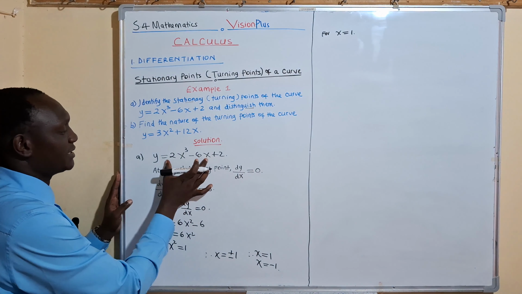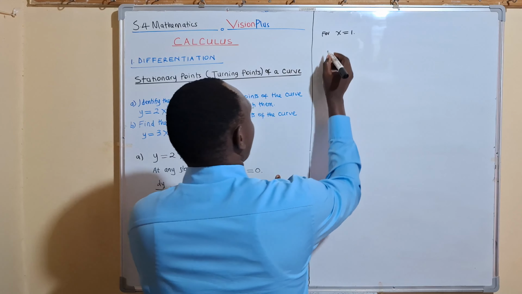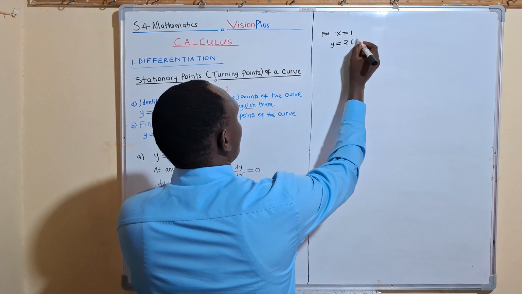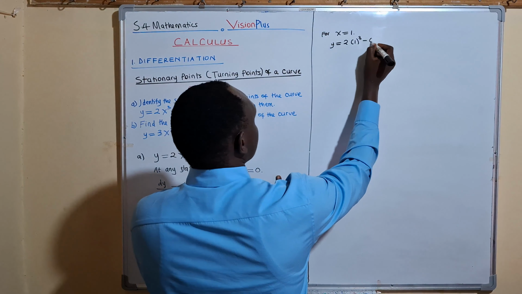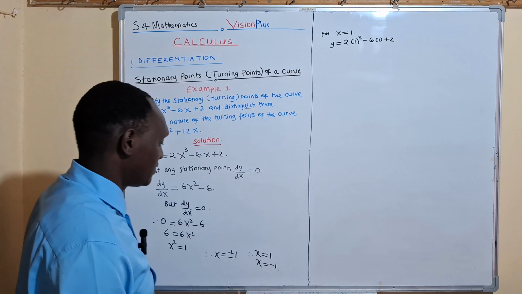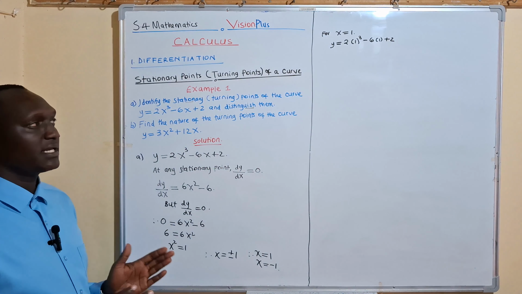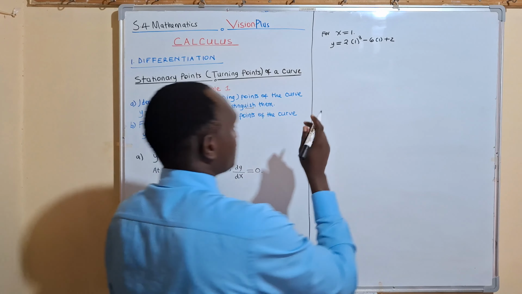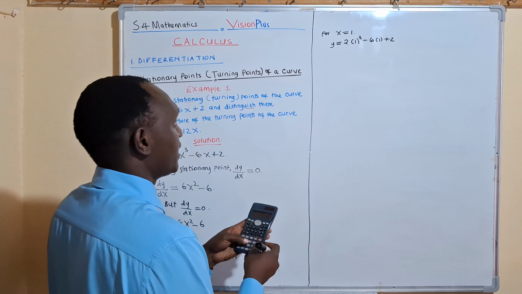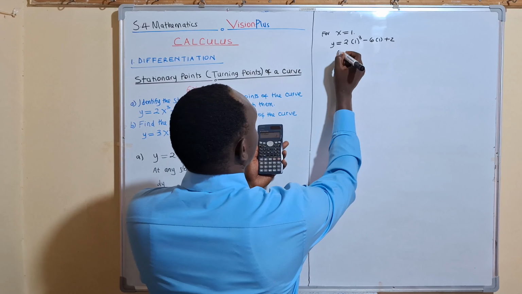We simply come back and substitute in the equation of the curve. So we now have y equals 2 times 1 to the power 3, minus 6 times 1 plus 2. So from here, we find y. 2 minus 6 plus 2 is negative 2.